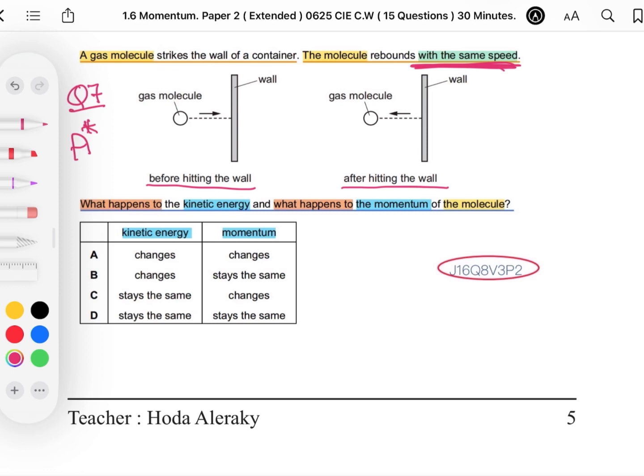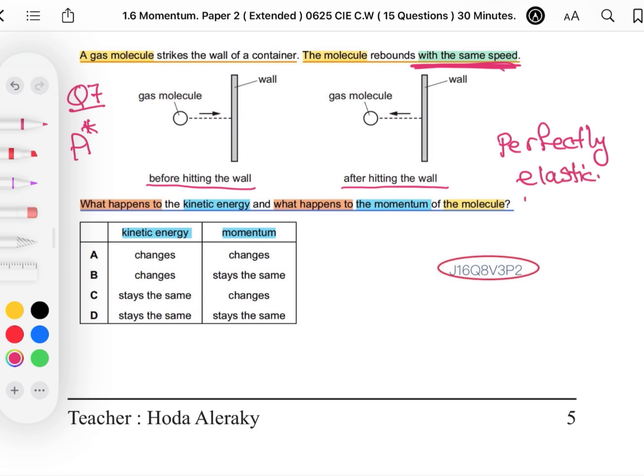Okay, we know that we have two types of collision, elastic and inelastic collision. According to the kinetic theory of gas, we consider all collisions between the molecules, or between the molecule and the wall of the container, to be perfectly elastic.